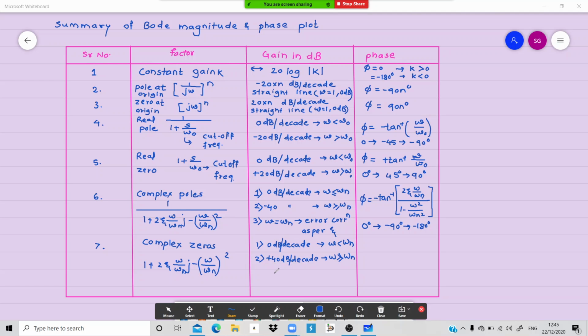And the third point, when omega was equal to omega n, was the error correction as per zeta.